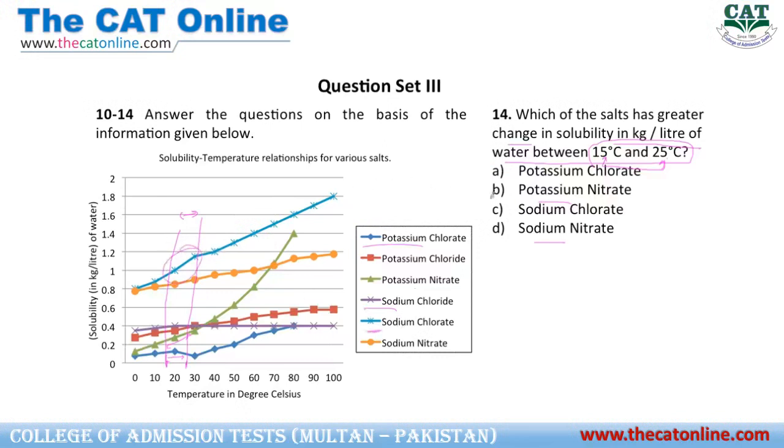This shows a considerable change, and sodium nitrate is this orange line here. Again, it does not show much of a change. So just by observation you can see that the maximum change in the slope is in this blue line here, which is for sodium chlorate. So the correct answer option is the C part here.